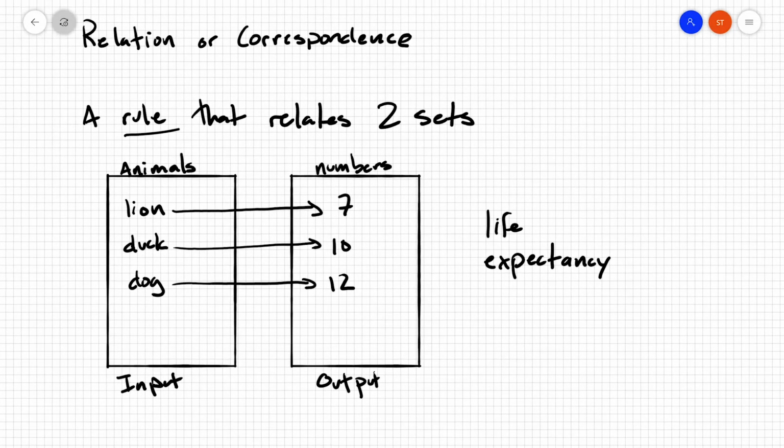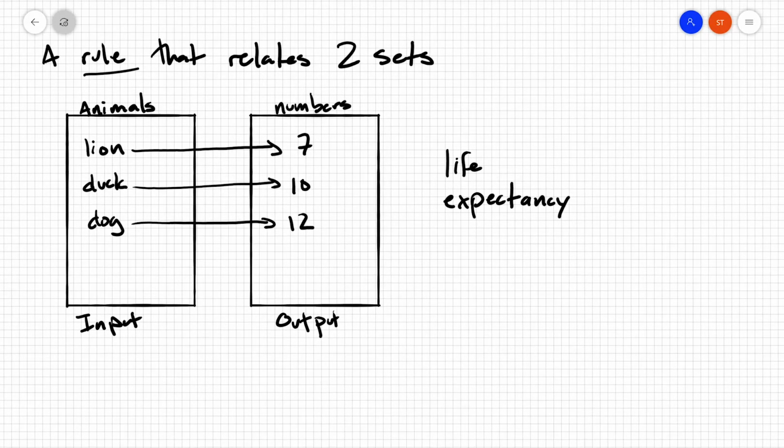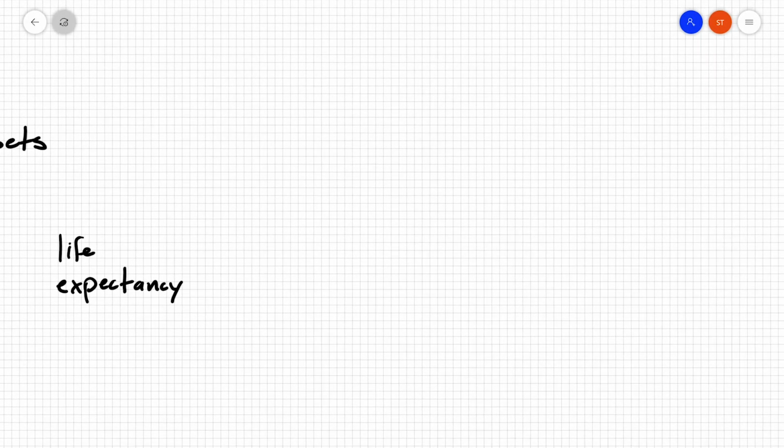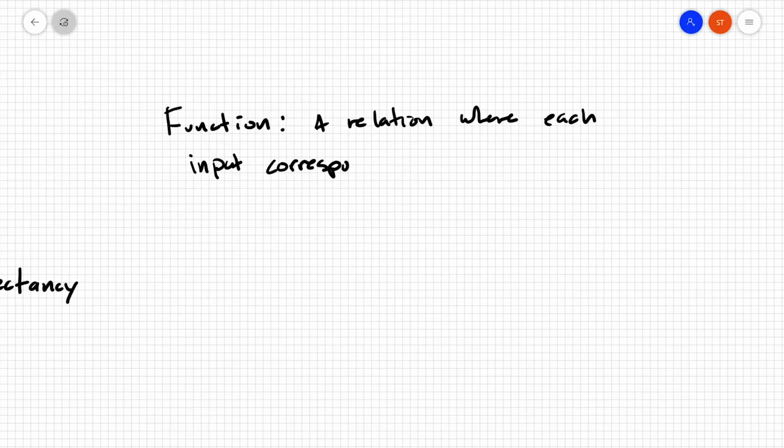So what we are more interested in is a more specific type of relation, a function. So you've probably come across a bunch of different definitions of a function, but what they all kind of boil down to is that a function is a relation where each input corresponds with exactly one output.